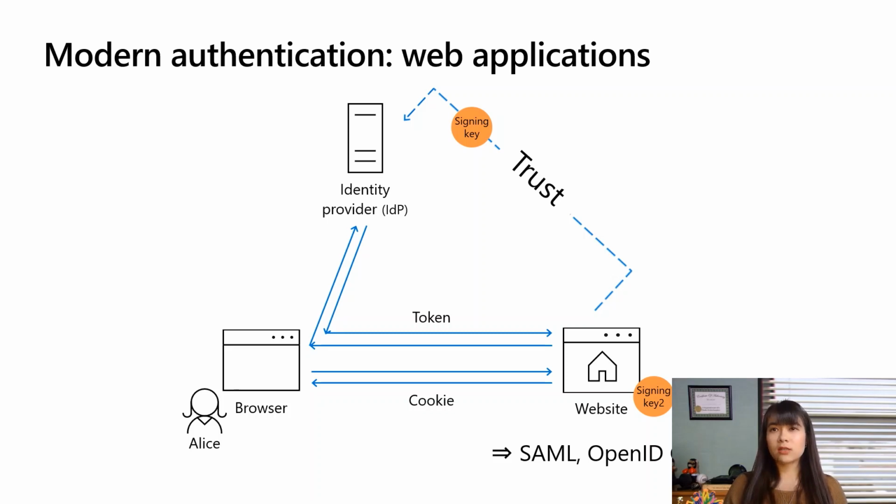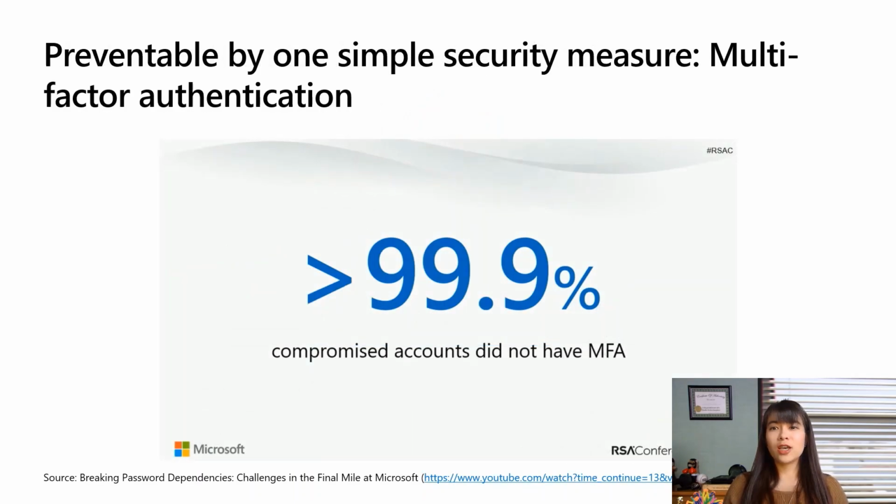But as you may remember, there was one element here where Alice had to authenticate herself as an IDP, and she could use a password here. So if we can do this one trick, we can make modern authentication even more secure as well. And that is multi-factor authentication.